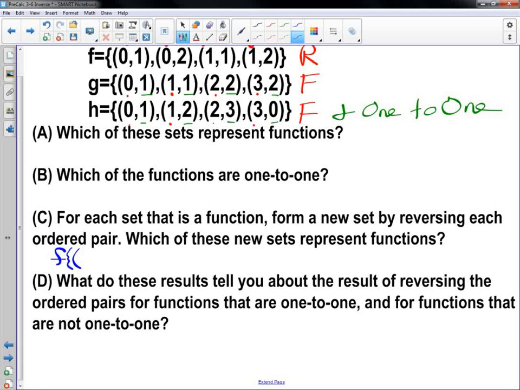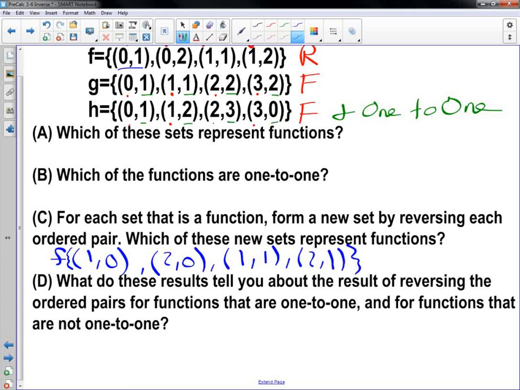So 0, 1 becomes 1, 0. I reverse the x, the input and output. And then the second point would be 2, 0. The third one would be 1, 1. And the fourth one would be 2, 1.